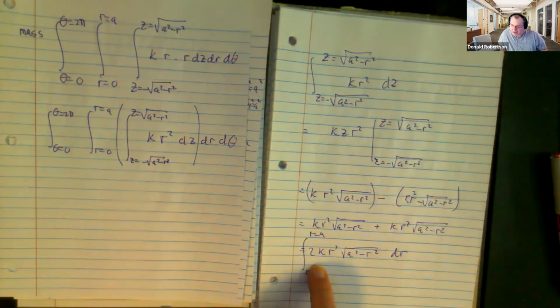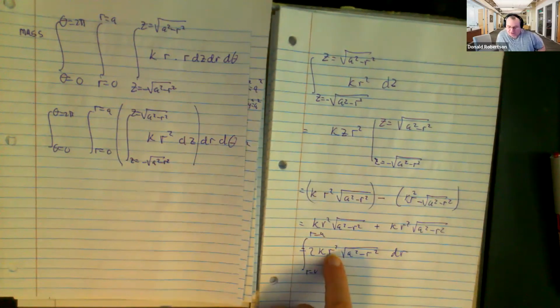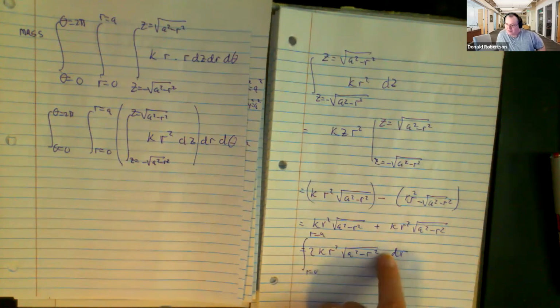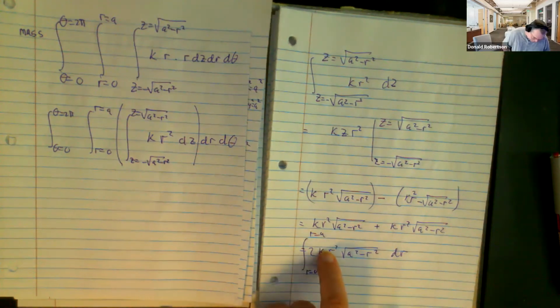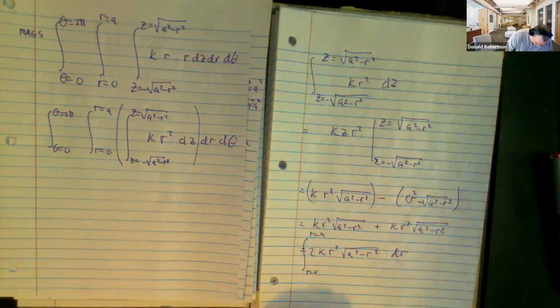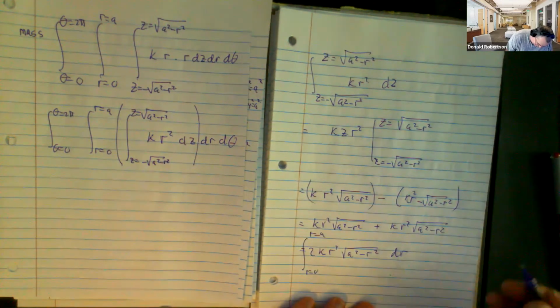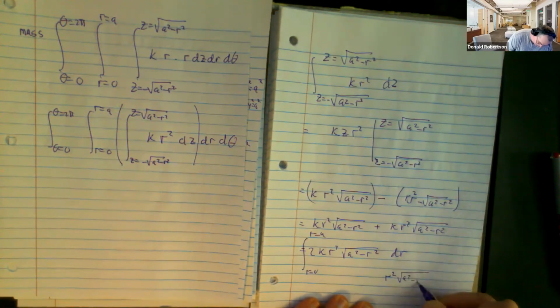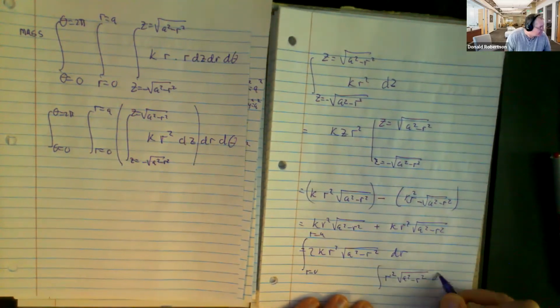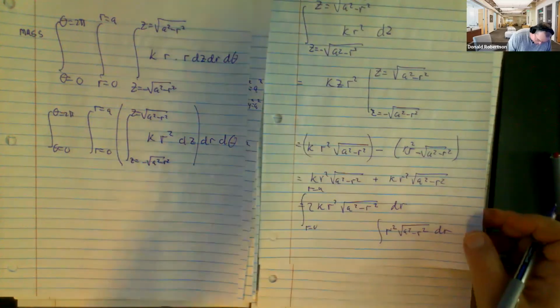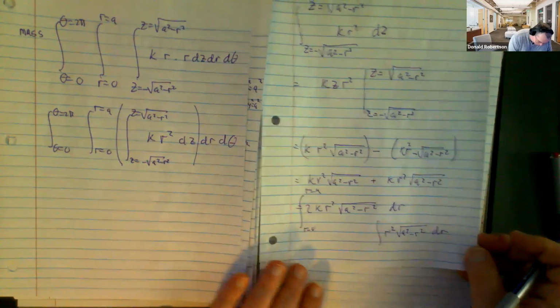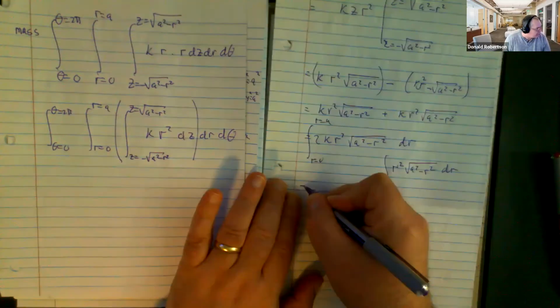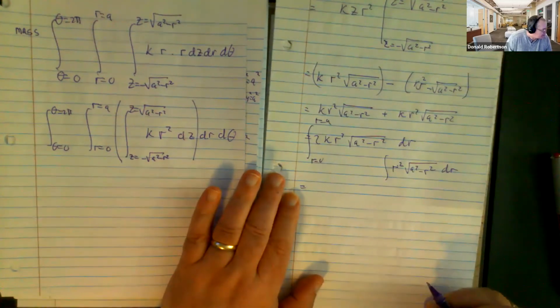If I had been r, wouldn't we just bug Mia and say u sub and she would tell us, right? That's an r squared. You will have to go looking, and the answer is that there is a standard integral for that guy. I'm just telling you what the answer is because it's in front of me, because nobody memorizes all the standard integrals. There's over 200 of them and nobody's got that kind of memory.